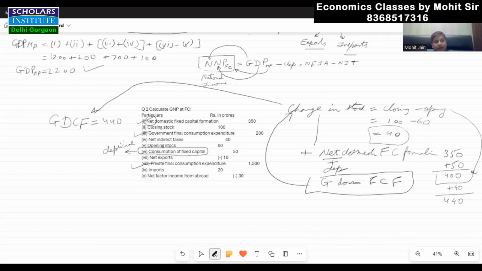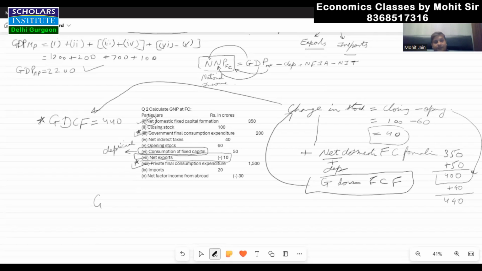So you have private final consumption expenditure, you have government final consumption expenditure, you have gross domestic capital formation. 3 items you have. Now you need net exports. Net export is given to you. Even though they have given imports, we don't need to consider them because net export is already given to us.